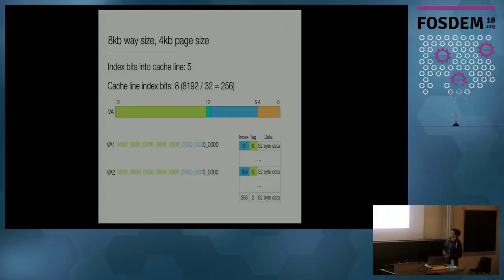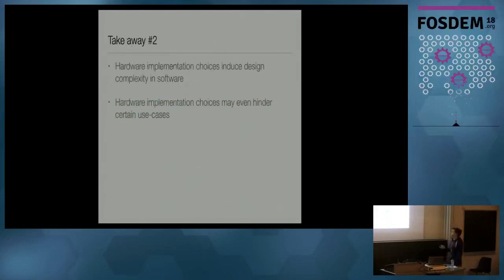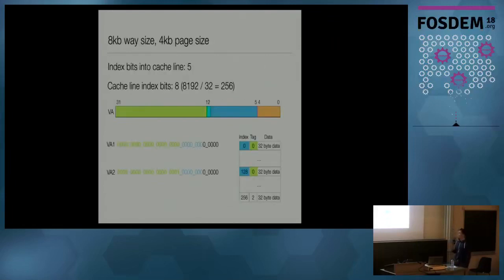And another solution would be, when you're switching contexts, to go through the cache on each context switch and flush aliases there.